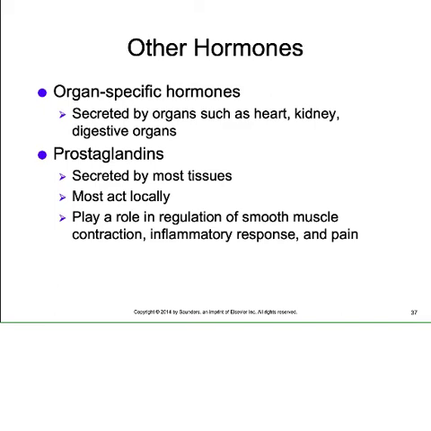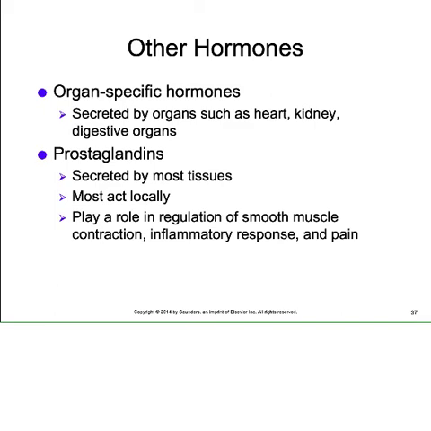Other important hormones include renin and erythropoietin from the kidneys. Renin is designed to convert angiotensinogen to angiotensin 1, and then in the lungs, angiotensin converting enzyme, or ACE, converts angiotensin 1 to angiotensin 2, and that leads to a whole cascade of effects that results in increasing blood volume and blood pressure.